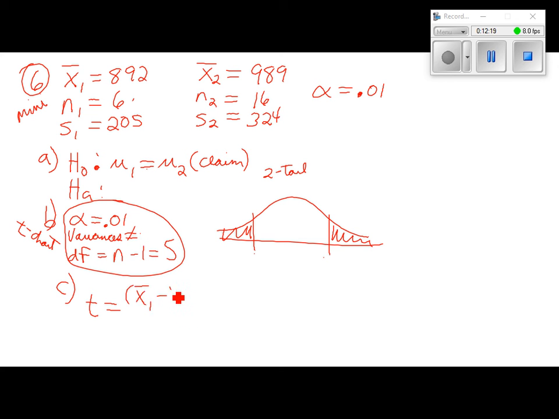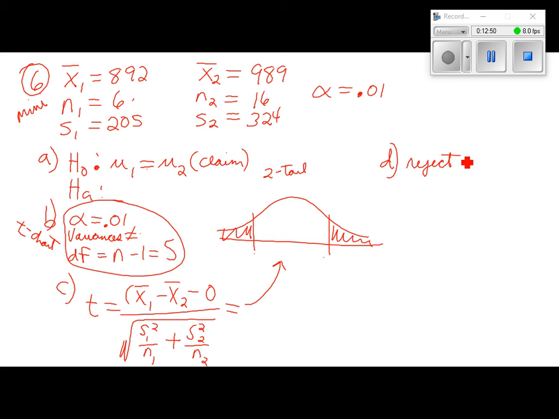X bar 1 minus X bar 2 minus the mu's, which again we're going to assume is 0, over the square root of standard deviation 1 squared divided by N1 plus standard deviation 2 squared divided by N2. Once you find that T value, see where it falls on the chart, and that's going to let you decide whether to reject or fail to reject.